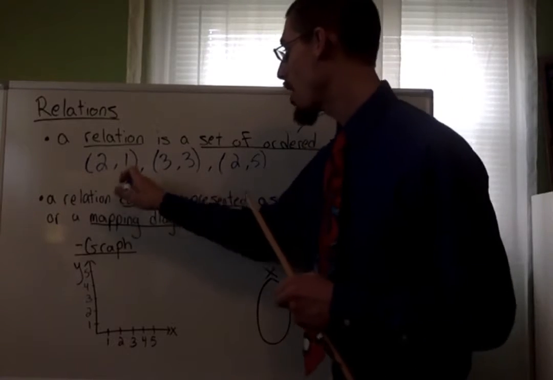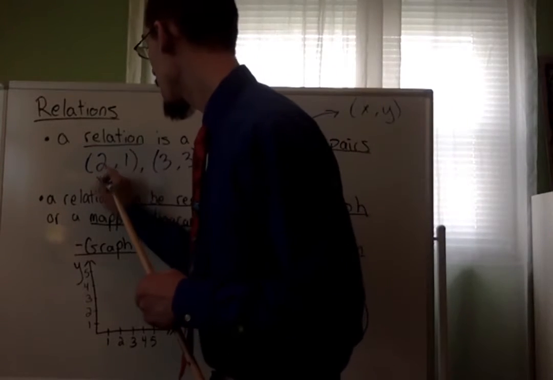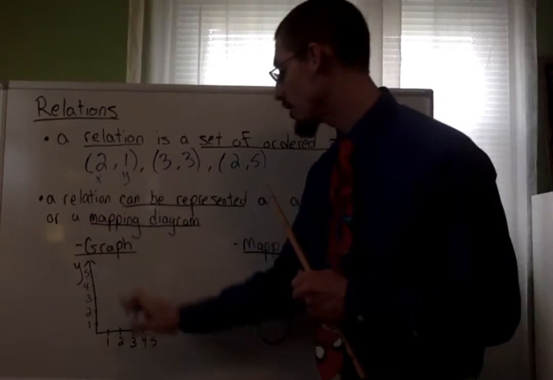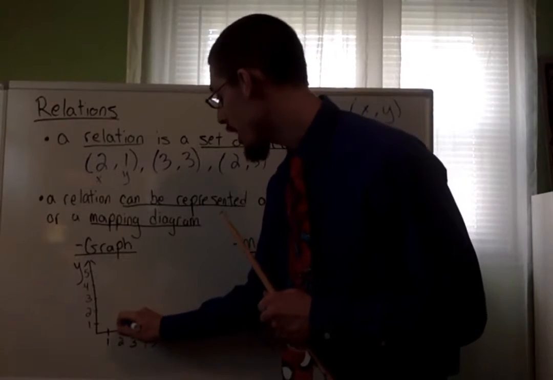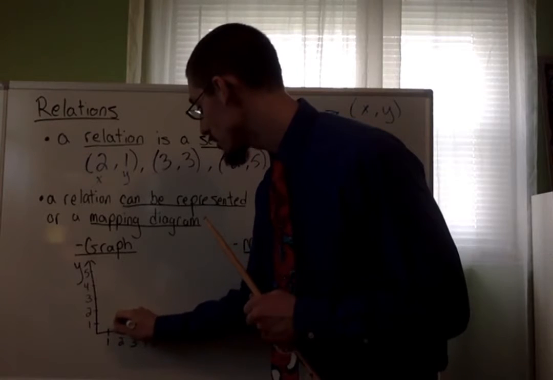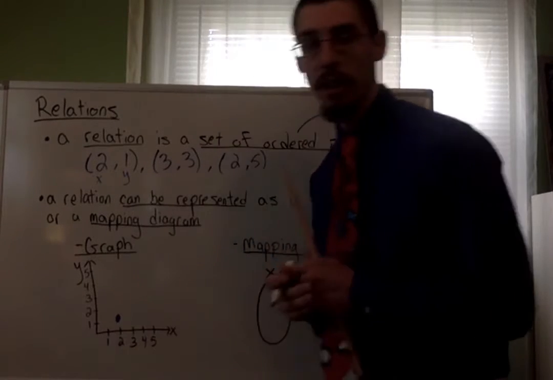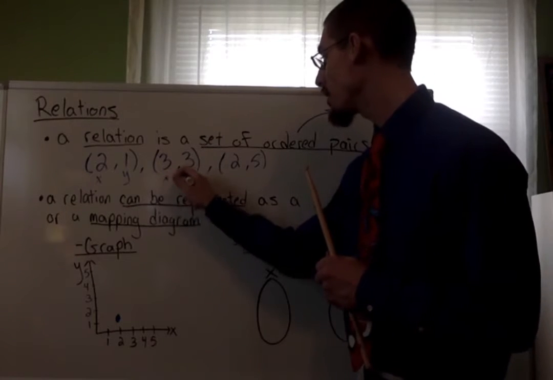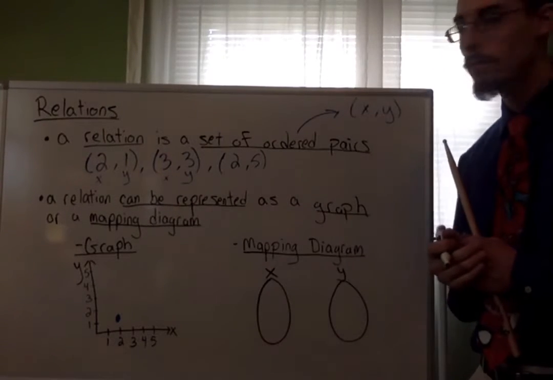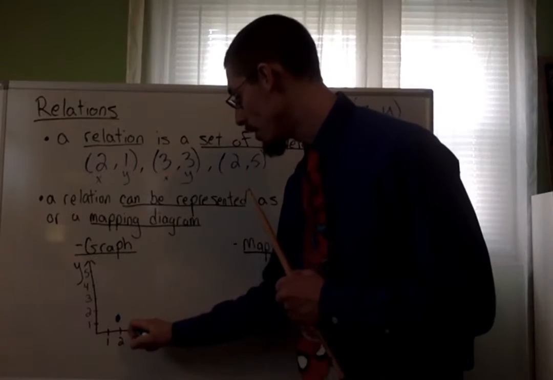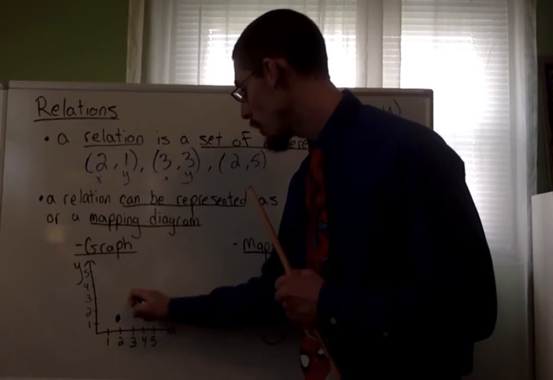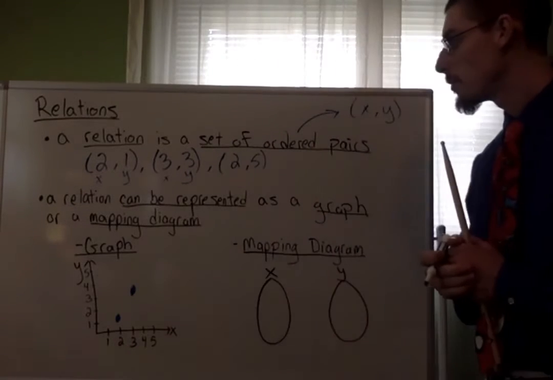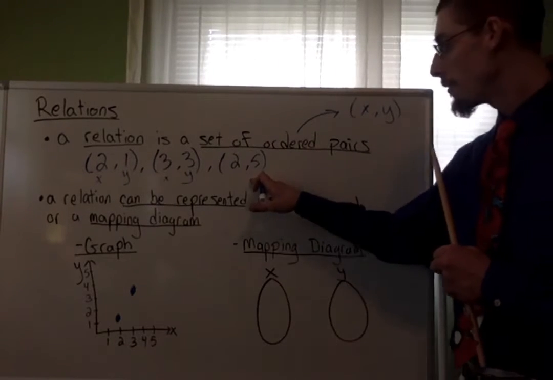Well, (2, 1), isn't this x and this y? So find 2 on the x-axis and go up to 1 on the y-axis. That'll put us right there. (3, 3). Again, there's x, there's y. So find 3 on the x-axis, go up to 3 on the y-axis. (2, 5).